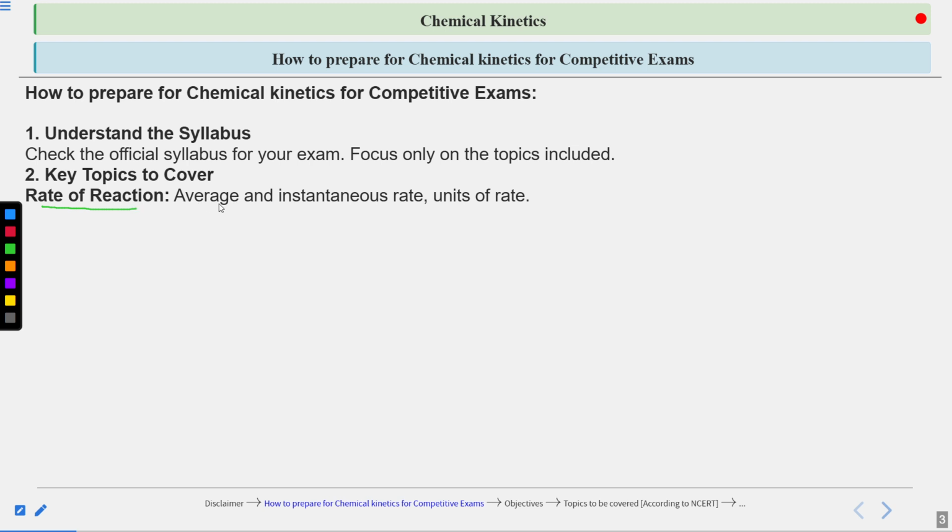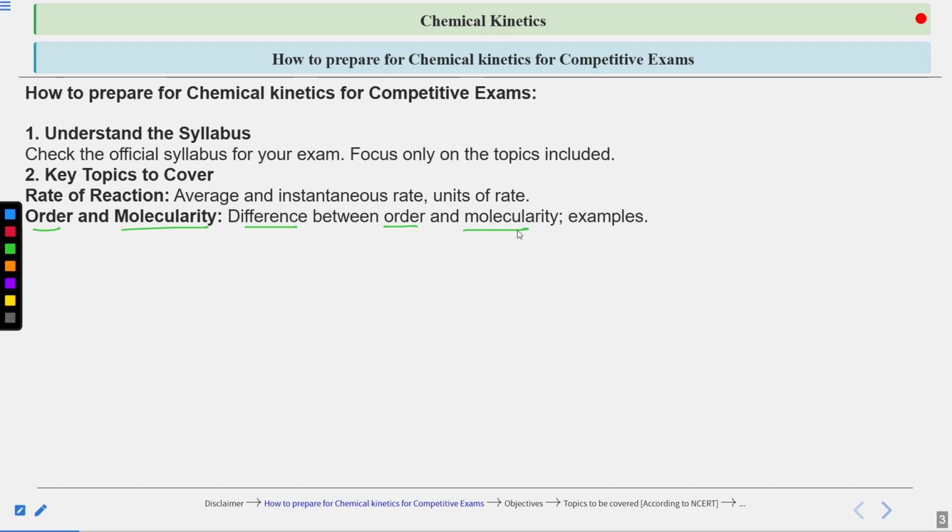In the rate of reaction, we will cover the average and the instantaneous rates, and the units of rates also. And then we will talk about the order and the molecularity. So this is the second key concept, order and molecularity, in the chapter chemical kinetics. Under this we will study the difference between order and molecularity, what these are, and their examples.